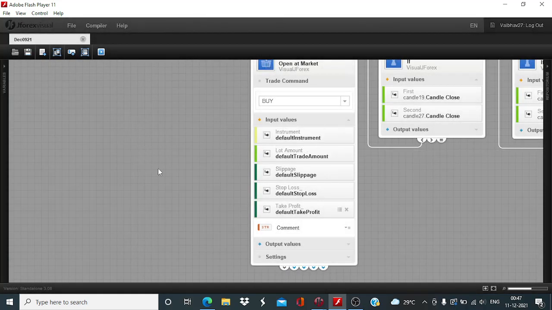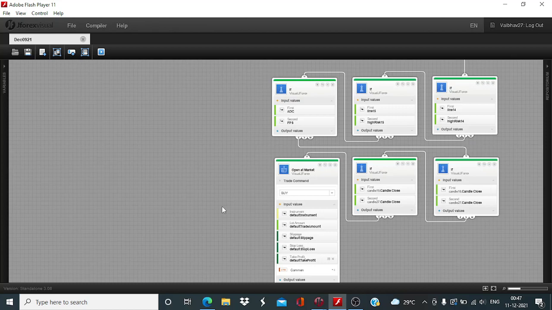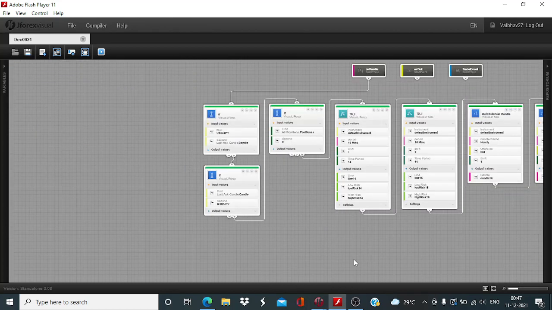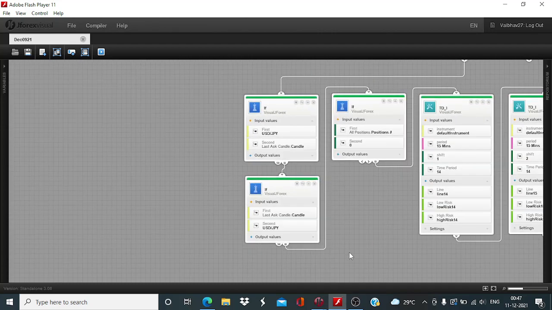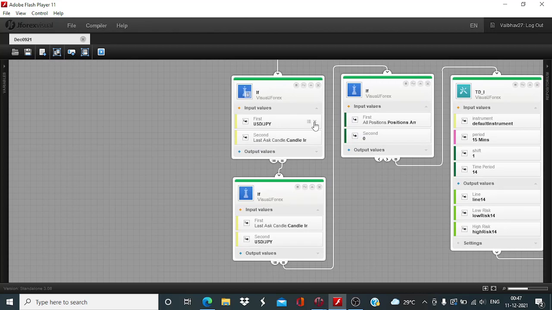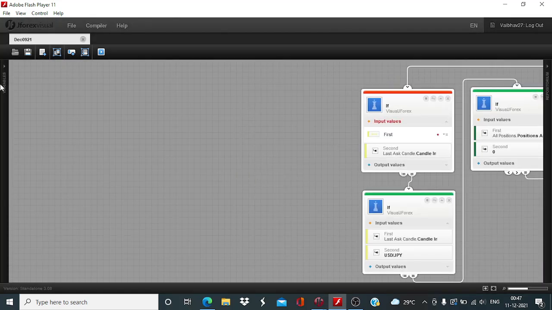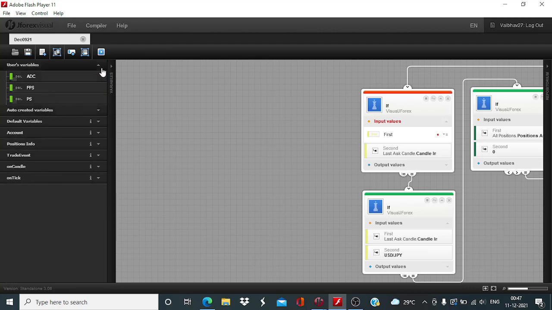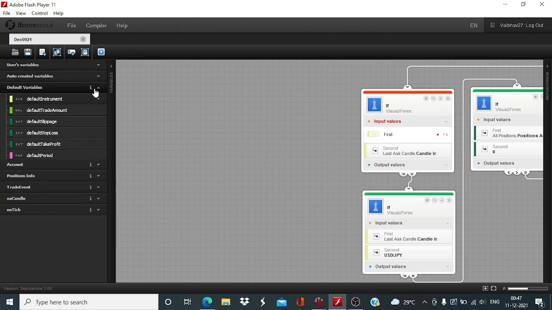Okay, as we are using USD JPY as the instrument of choice, so I will change it here as well.